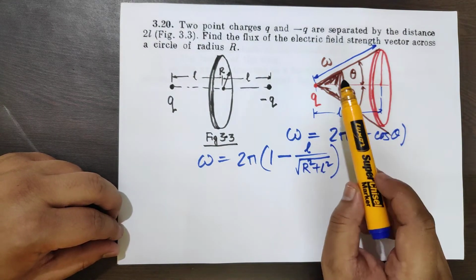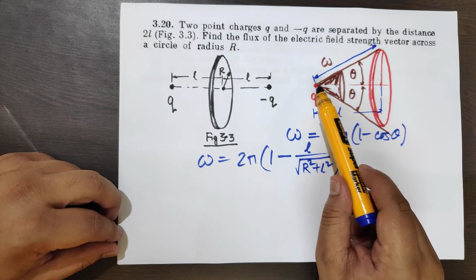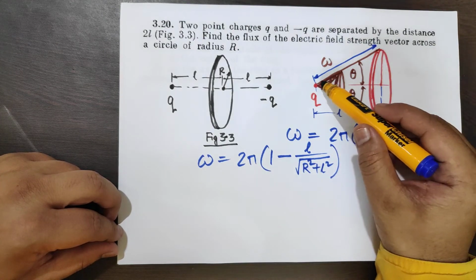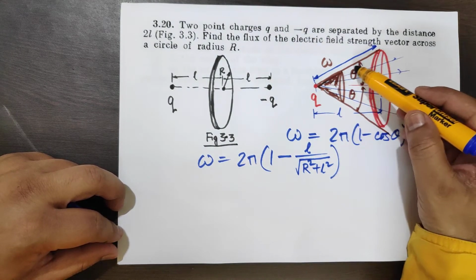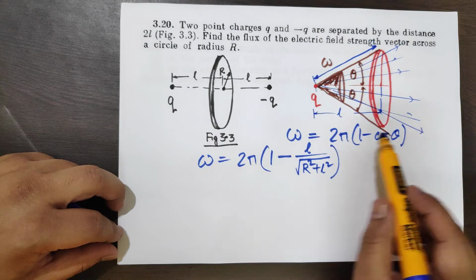So just due to this charge q only, how many lines of force will cross the disc?